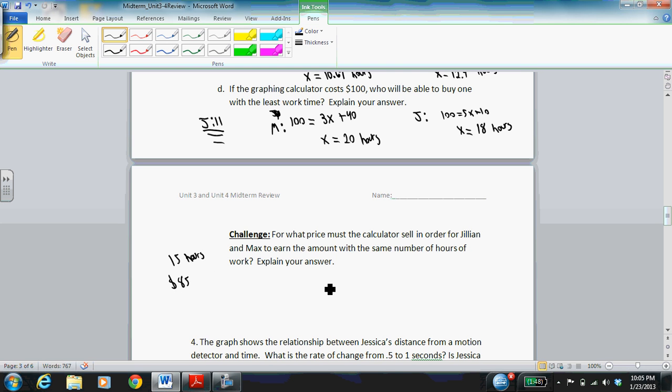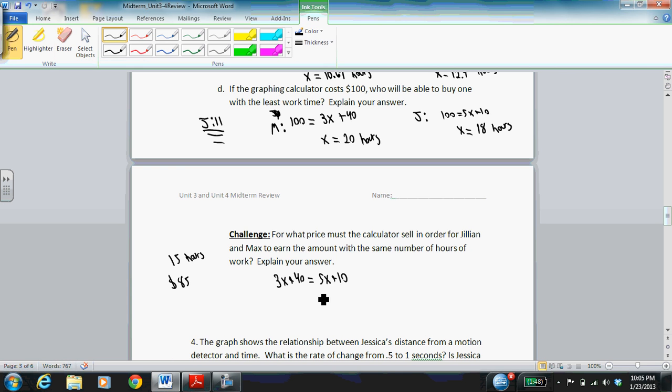So let's check and see algebraically. So for them to have the same amount, we want to set their two expressions equal to each other. 3x plus 40 equals 5x plus 10, because that represents Max's amount and that represents Jill's amount, and we want to see when those two amounts are equal.